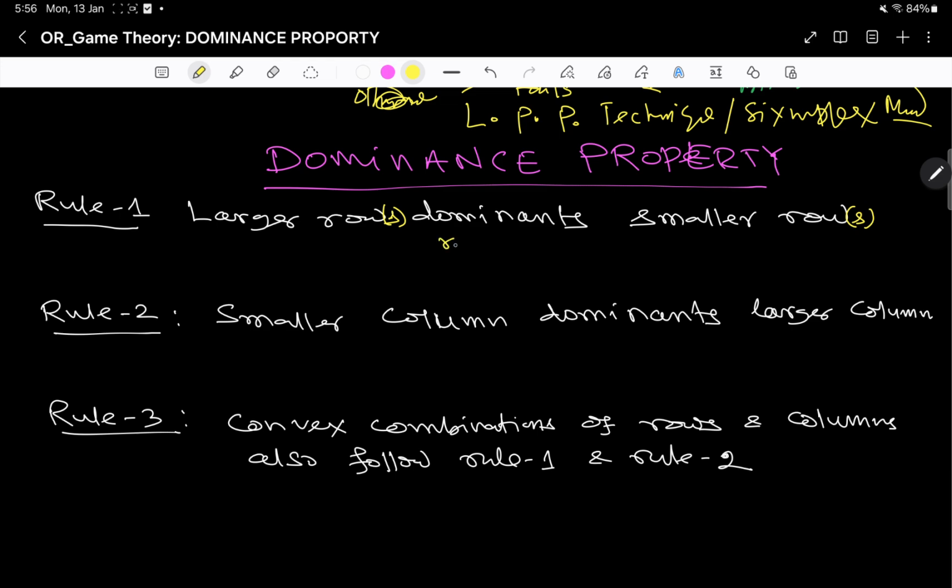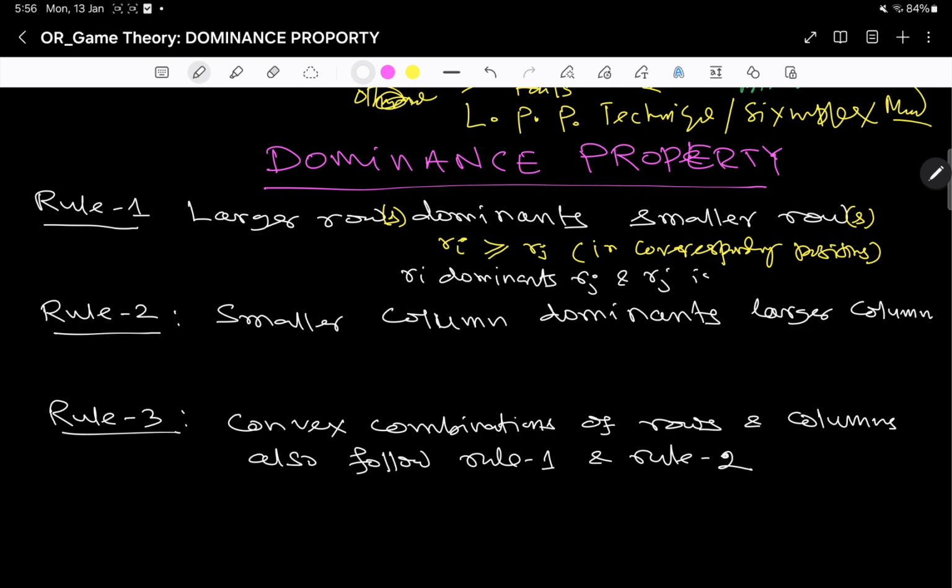If the elements of the ith row, Ri, are greater than or equal to the corresponding elements in the jth row, Rj, in corresponding positions, then Ri dominates Rj, and Rj is omitted, deleted. This is the idea.